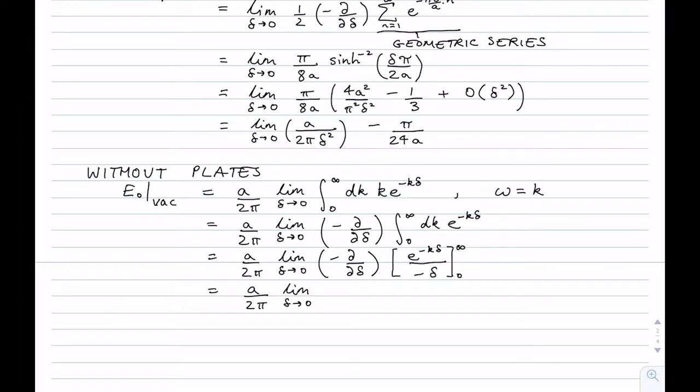and now I need to take the derivative, one more step, d delta of this thing.